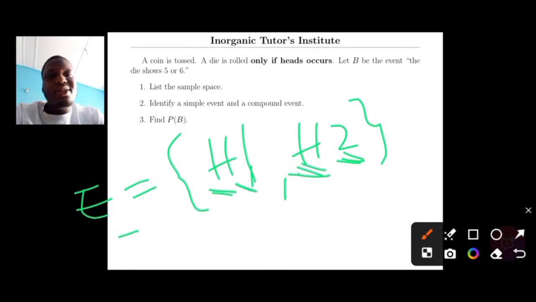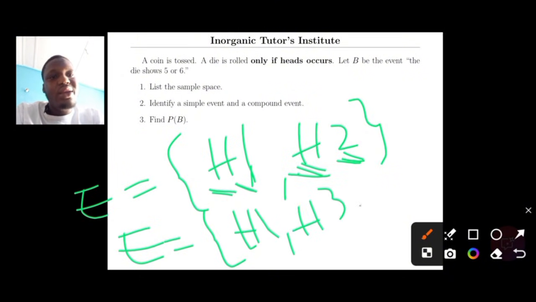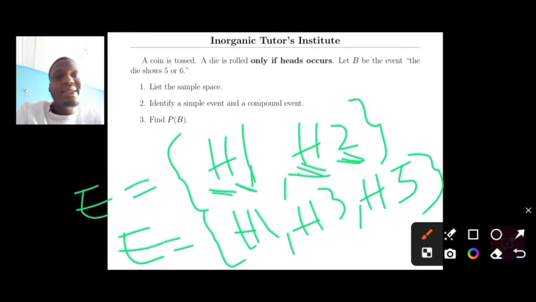Okay. Another event could be H1, H3, H5. You don't have to talk much. So you can say the event of tossing a head and rolling an odd number. See how beautiful it is? The event of tossing a head and rolling an even number.